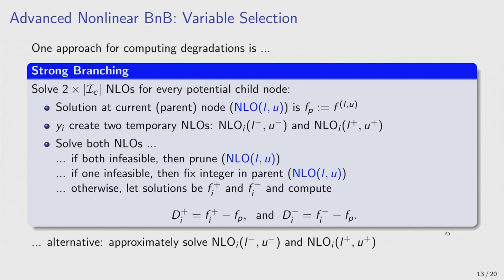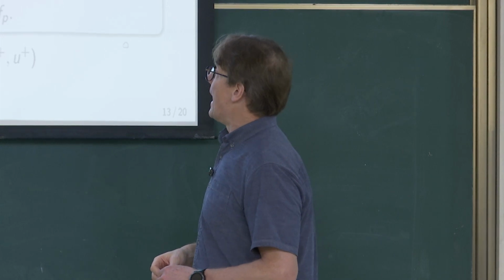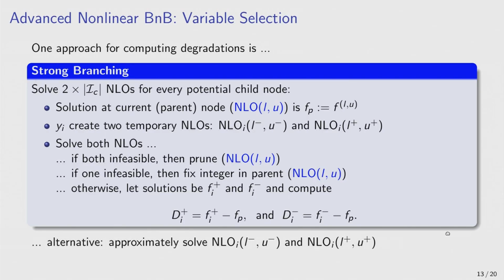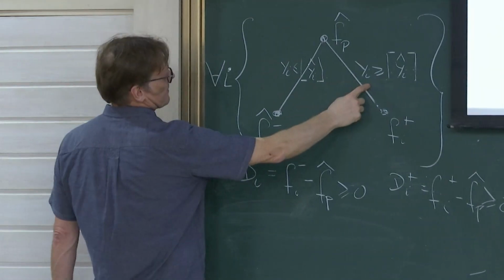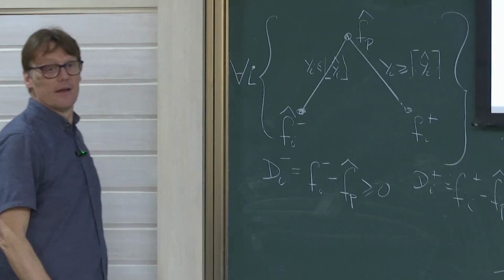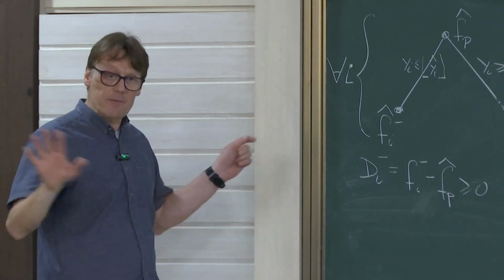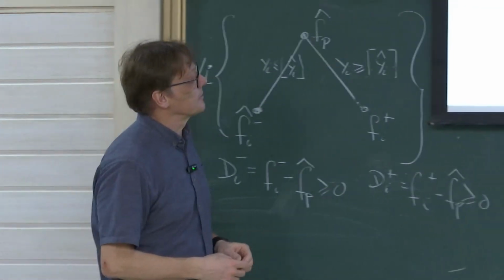This is a valid branching, so you know the parent node is infeasible. If one of them is infeasible, then you can fix the variable to the bound on the right for the remainder of the tree, and for every problem that's a child of this parent node.